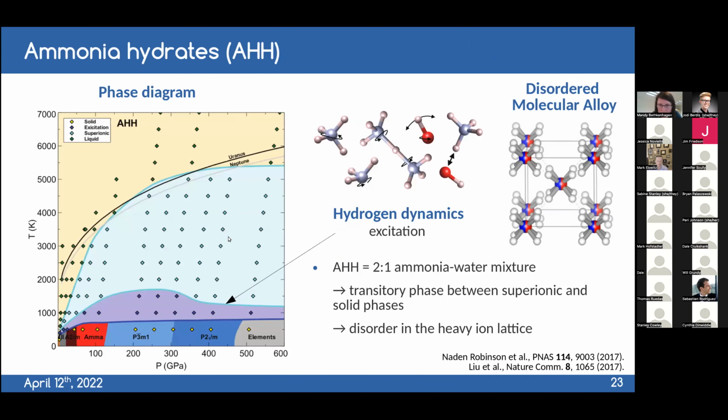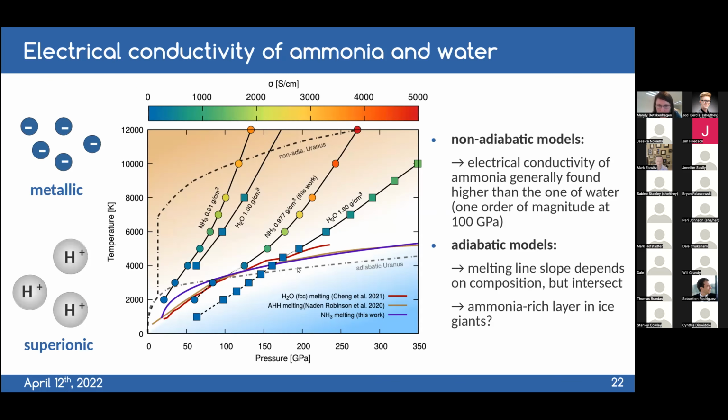So for the adiabatic models, for example, we find that the conductivity is not that different, but the melting line slope is very different in the different materials. So here, for example, in ammonia compared to water in red. And for the non-adiabatic Uranus model, which I'm showing up here, which goes up to 12,000 Kelvin, you can see that the conductivity of ammonia is up to an order of magnitude larger than in water.